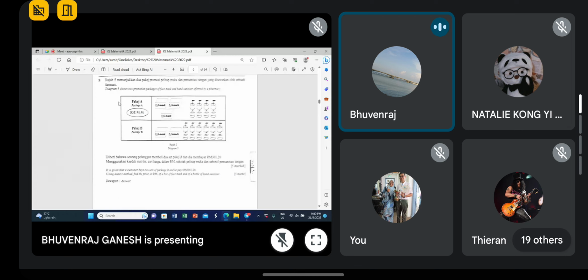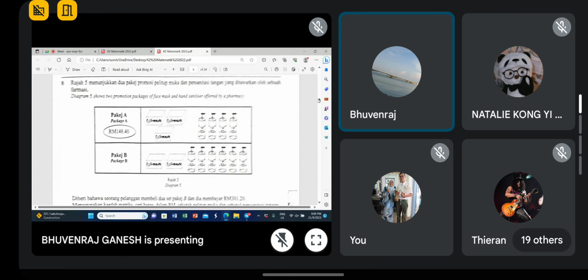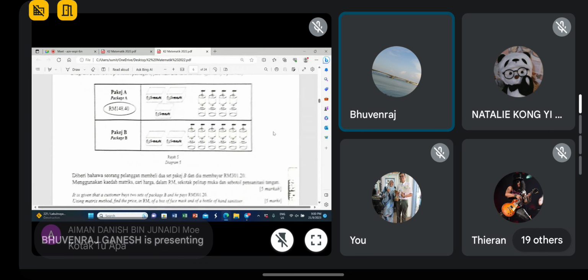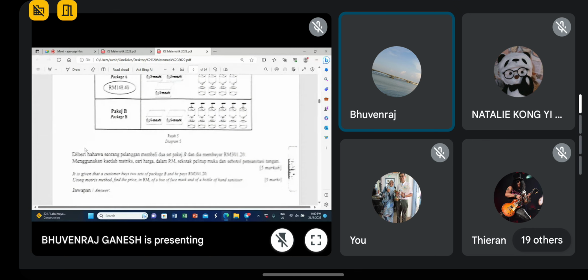Okay guys, so if you can see, can you all type out the two equation over here? Cuba bagi tahu kat saya apa dua persamaan kamu boleh cari dari sini. If you want me to zoom in a bit, can. Kotak tu face mask, Aiman. The bottle is the hand sanitizer.